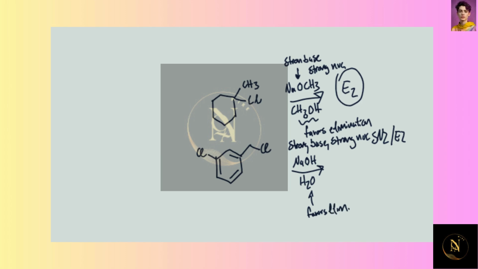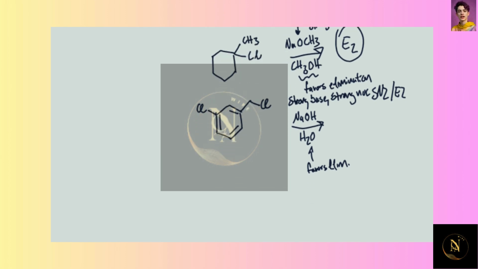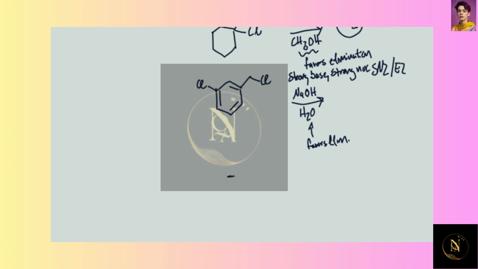And think that this too would be E2, but recall that a necessary component for an E2 reaction is a neighboring carbon with a hydrogen that can be oriented anti to the chlorine. Well, this is the carbon which bears our leaving group chlorine.